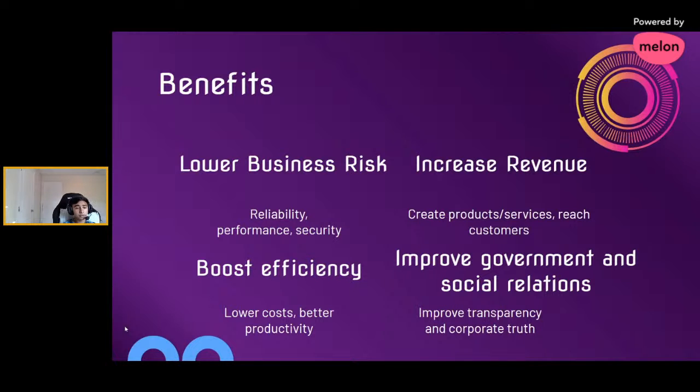Increased revenue includes creating products or services and being able to reach customers. Boosted efficiency just means lower costs and better productivity. And improved government and social relations means improved transparency, and also corporate trust.